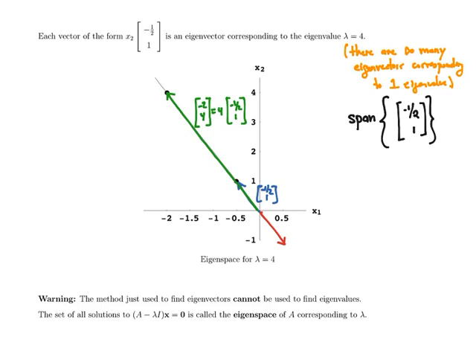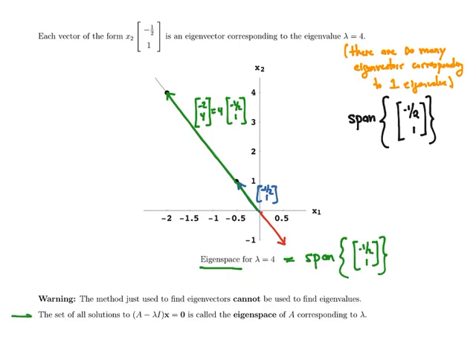We call that the eigenspace for lambda equals 4. So in this case, the eigenspace for lambda equals 4 is that span. That represents a lot of vectors, infinitely many, and that's everything that's an eigenvector for the eigenvalue.